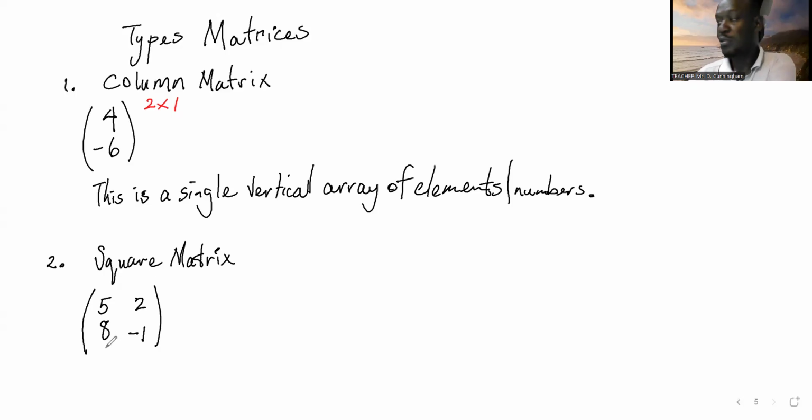All right. A square matrix consists of what? The same number of rows and the same number of columns.